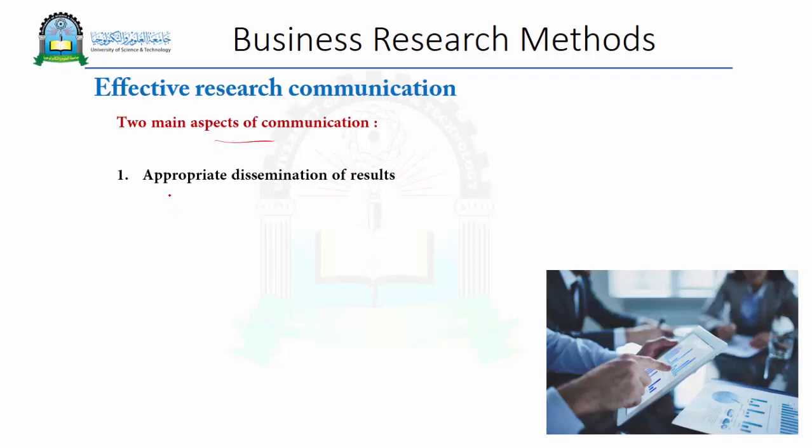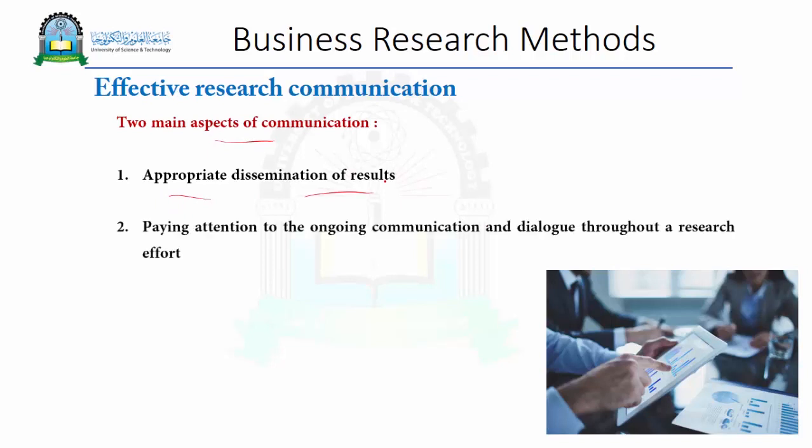First, communication is the appropriate dissemination of results, which is how we can disseminate the results and findings appropriately so people can understand it and get the benefit of it. The second aspect of communication is paying attention to the ongoing communication and dialogue through the research effort.